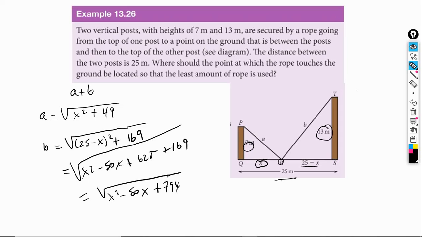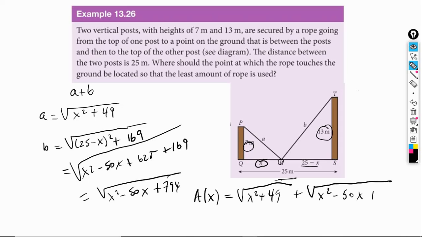So obviously the area, which we'll call A of x as a function, so area as a function of x, would then be equal to the square root of x squared plus 49 plus the square root of x squared minus 50x plus 794.